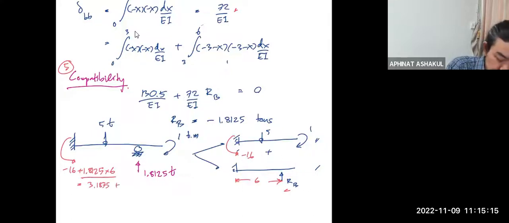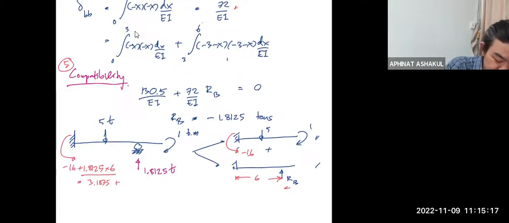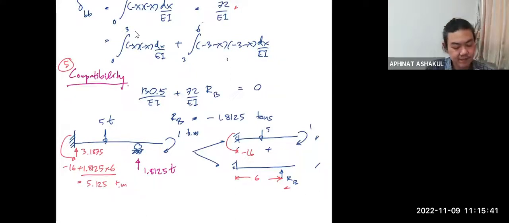And of course, the reaction should be piece of cake now. 5 and that 1 point. Oops, sorry, I looked at the wrong one. This is the reaction. This is equal to 5.125. Sorry about that.